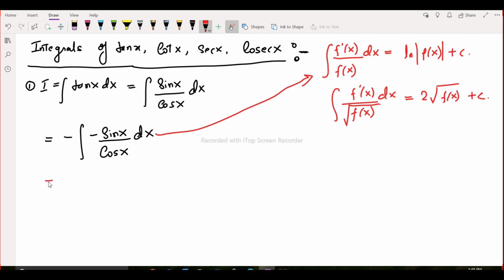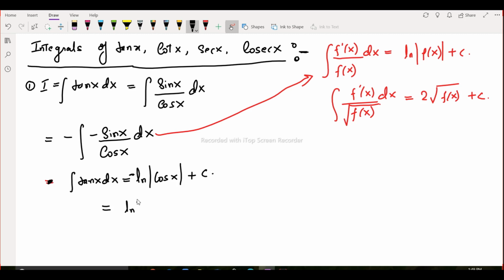So I can write the answer. Integration of tan x is equal to minus ln cos x plus c, and if you remember, this minus is there outside. In some books you'll find this written in some other way.